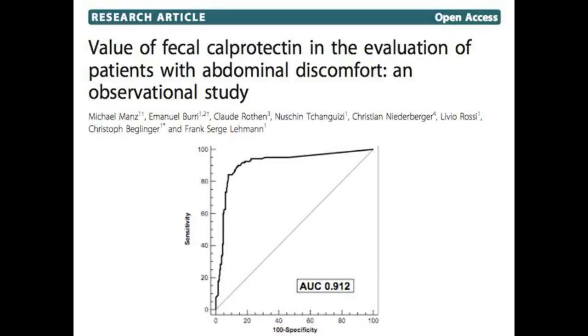There have been lots of studies that have confirmed these data, but the area under the curve from this one, from Switzerland, is 0.91, which in diagnostic view is very, very good. Usually the area under the curve will be 91 to 93%. That is a combination of the specificity and the sensitivity, which is very, very good.